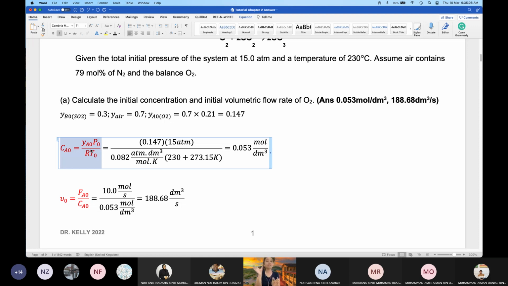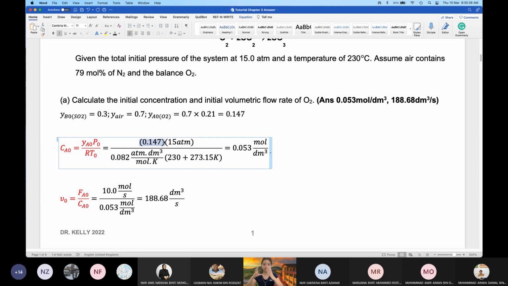Okay, now the top part yang menjadi masalah. What do I mean by the problem? How do we know the initial mole fraction of A in the system, ataupun how do we know berapa sebenarnya persen oxygen gas initially? Okay, dia ni yang tak straightforward. It's not so straightforward sebab persoalan dia initial saya ada 30% SO2, 70% air.